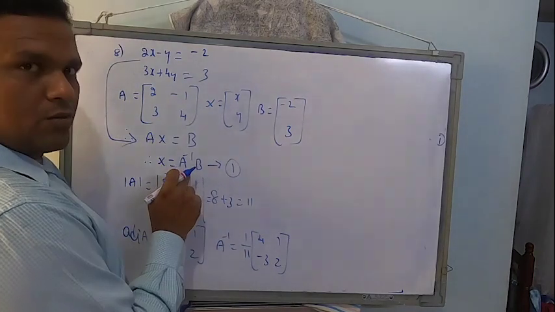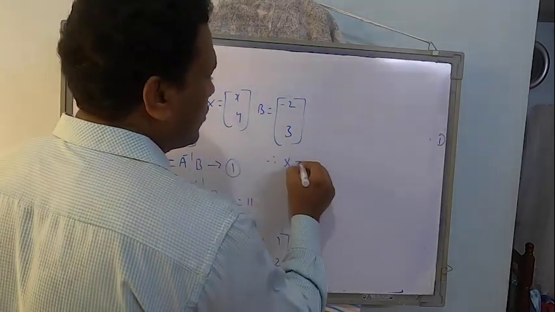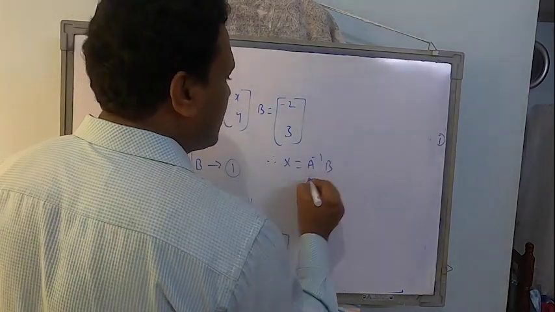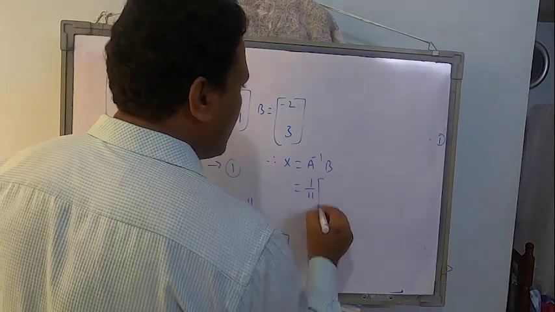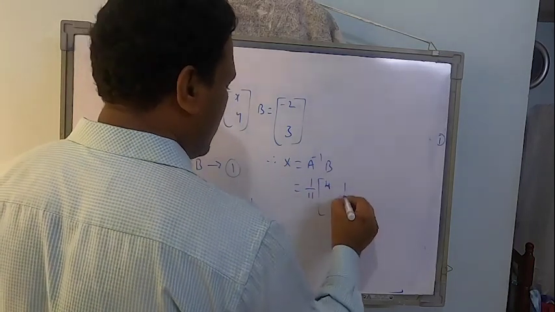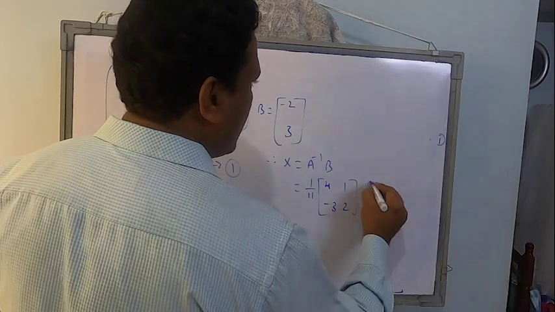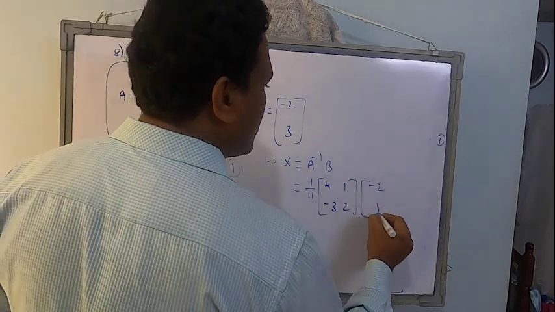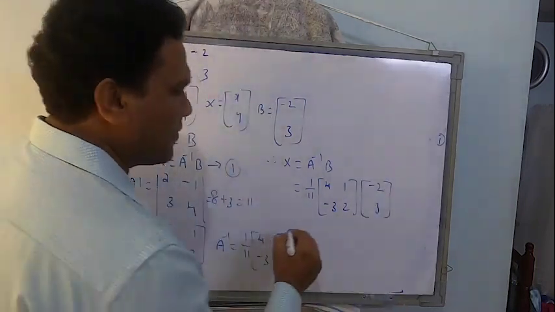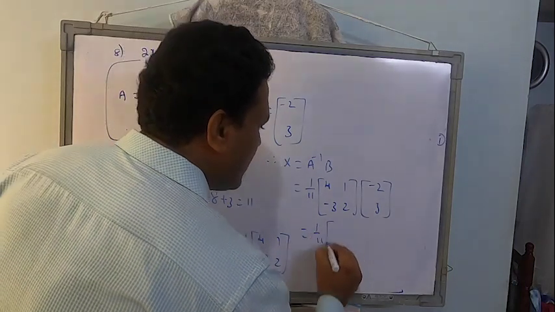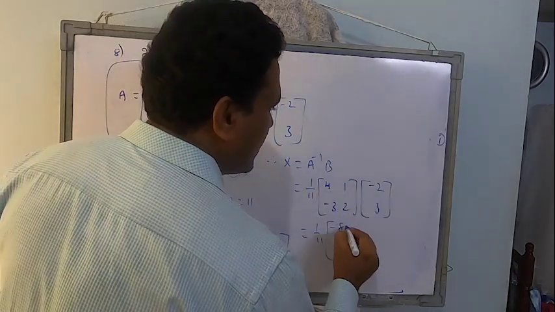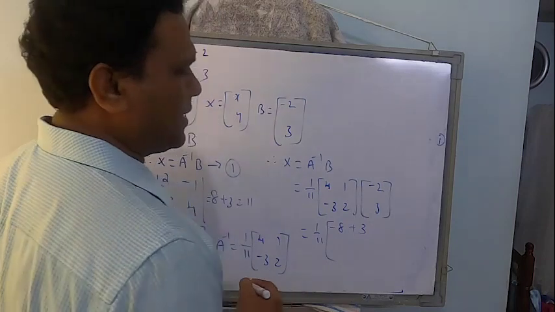So I'll go back to equation number 1. Therefore X equal to A inverse multiplied by B, 1 by 11 multiplied by 4, 1, minus 3, 2, and matrix B is minus 2, 3. So let us simplify this. 1 by 11, so it's going to be minus 8 plus 3, right?